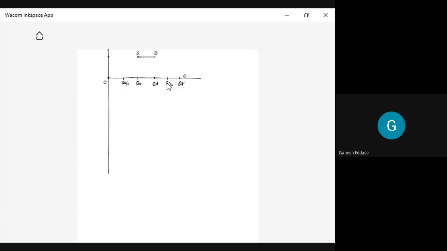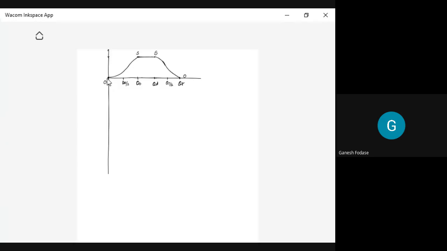Now how to draw this in-between curve, I just explained to you. Follow the same procedure by drawing a semicircle. So I just draw that curve now. It is just like this. I am drawing directly here, but you need to follow the procedure to draw it. Okay, so this is your displacement curve.